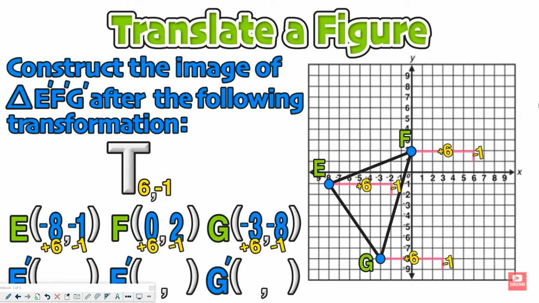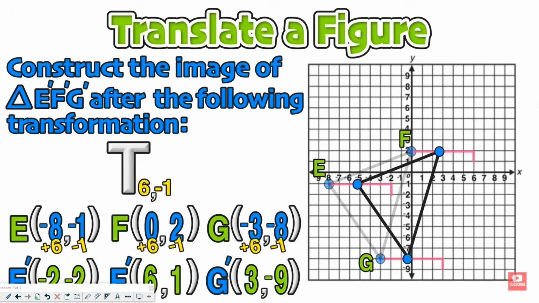Now to verify the coordinates of E prime, F prime, and G prime. We start by adding 6 to each x coordinate, and that'll give us the new x coordinate of E prime, F prime, and G prime. We'll do the same thing with the y coordinates by subtracting 1 from each to get those new y coordinates. Now we can look at the graph and visualize the original image being translated to the right 6 units and down 1 to its new location at E prime, F prime, G prime.